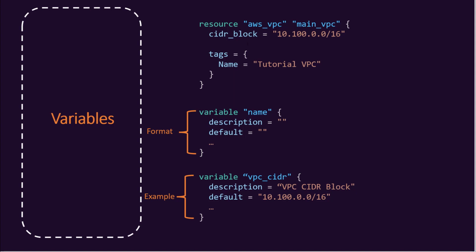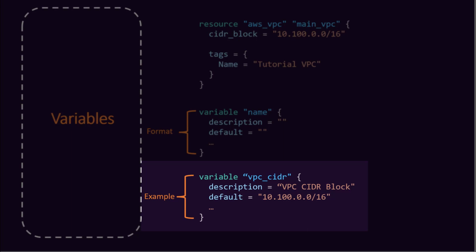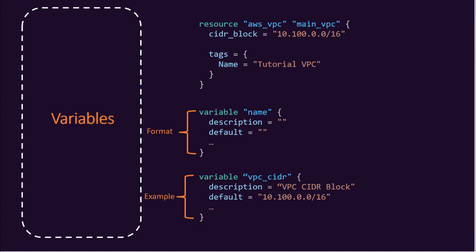For example, for this VPC block, I want to define a variable for the CIDR block. Just define, for example, variable vpc_cidr, and in description, VPC CIDR block, and as a default this one.